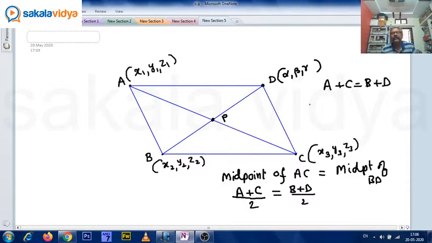We need to find D. So D equals, in a very simple manner, A plus C minus B. That's all.